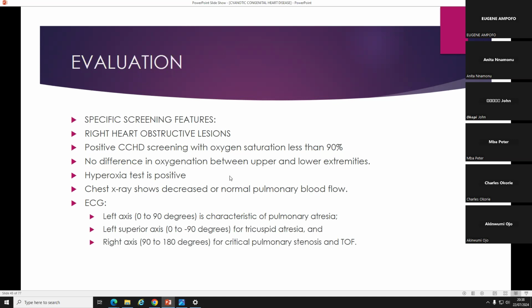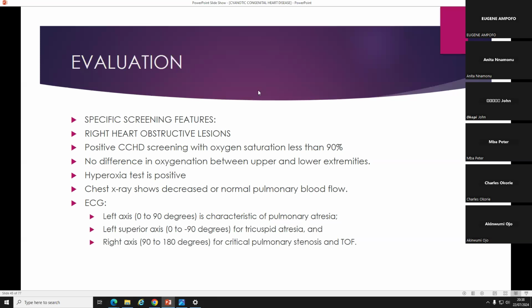The specific screening features. Now for right heart obstructive lesions, they have positive pulse oximetry screening with oxygen saturation less than 90%. They usually do not have differential cyanosis.